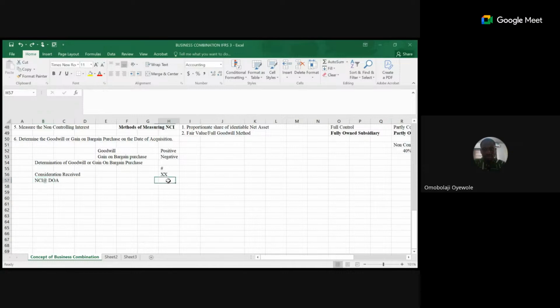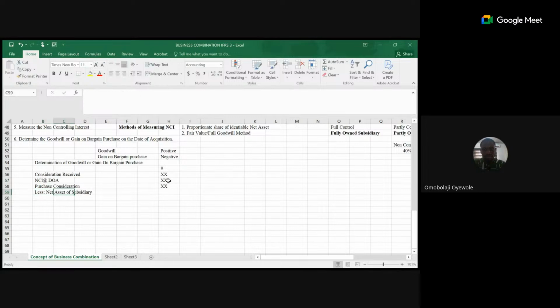So NCI at DOA gives us this. Then the addition of the consideration received plus NCI at DOA will give us purchase consideration. Then I'll now less. So less what? Net assets of who?